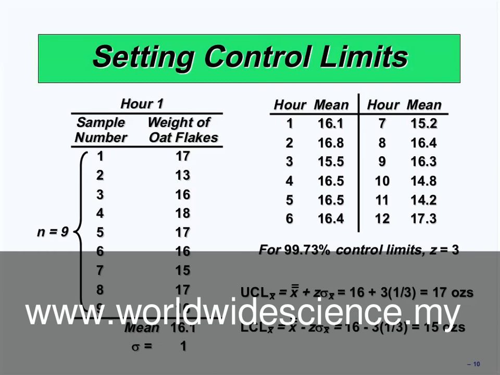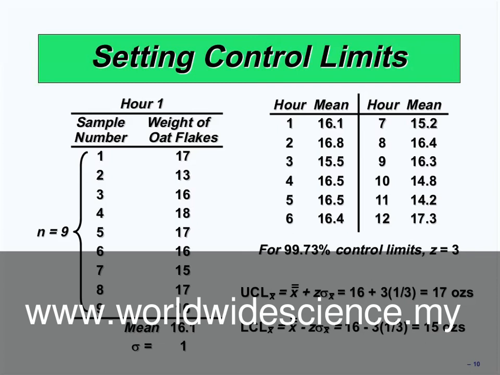Okay, I explain again. UCL equals, as you see in the formula at the bottom, x bar plus Z multiplied by sigma x bar. X bar is 16. It has been calculated separately, and we haven't written the process of calculation. We wrote the result directly.